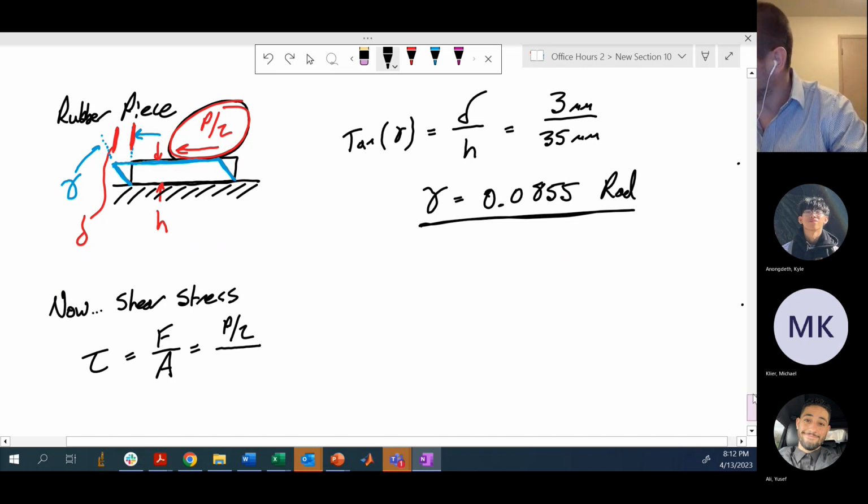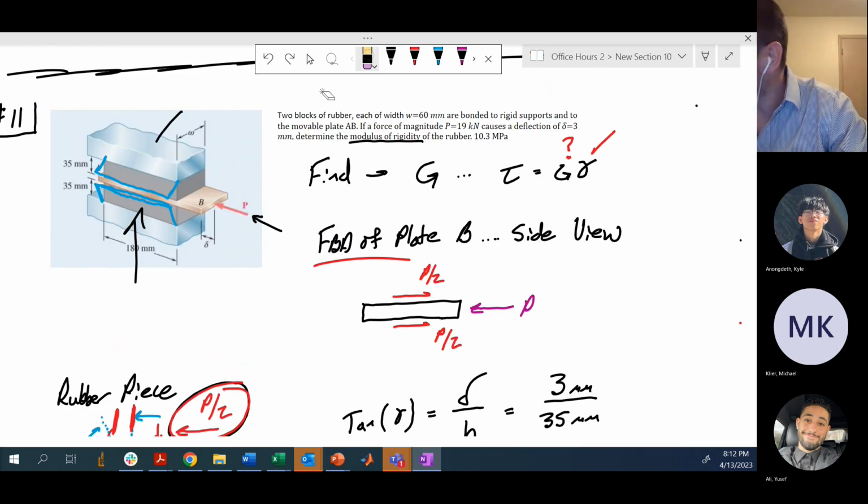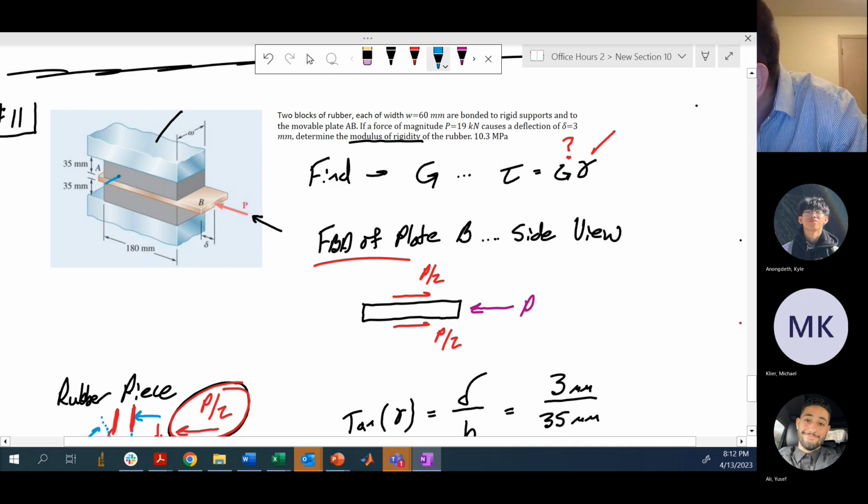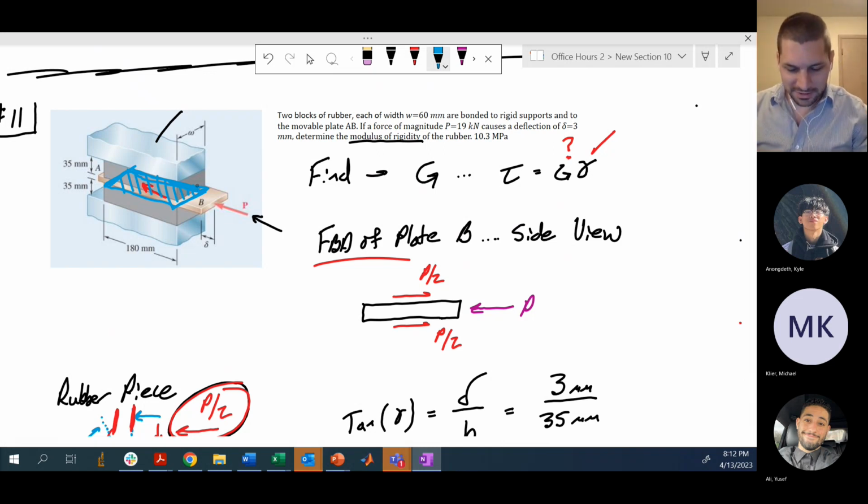So if we go back up to that image up here and think about what area this is acting upon to create that rhombus, it's the area here on the top face of this rubber bit, okay? So that's the area upon which this P on 2 is acting over the top of this rubber piece. So this here is really the area of interest to us that we want to use in our calculation of the shear stress, right?